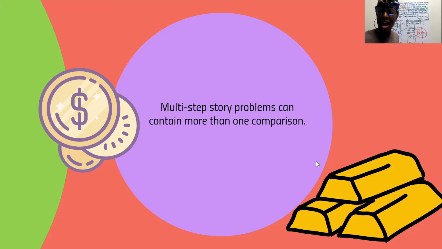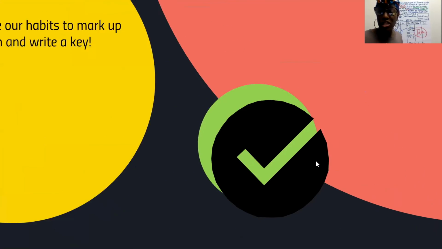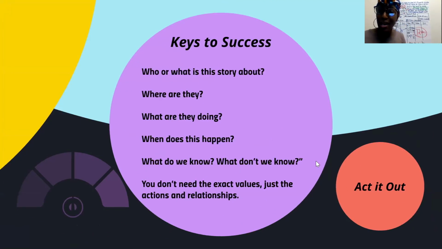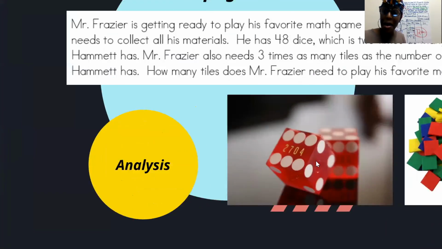But when we're finding a greater amount, what's different? Yes, we multiply. And since our equation is already set up as a multiplication equation, no work to manipulate the equation there. Just go ahead and solve. So now we've unlocked more than one big idea.